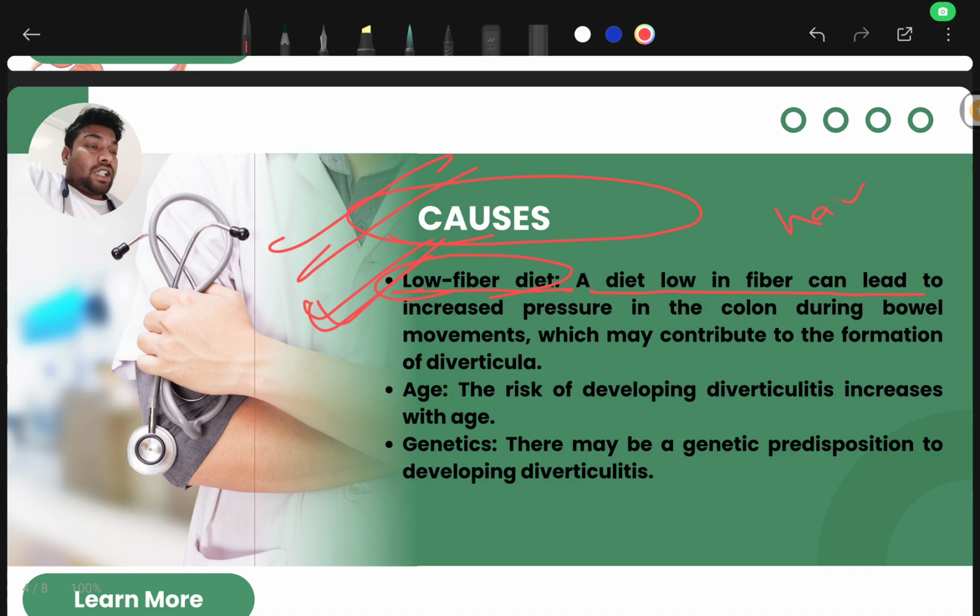Okay, a diet low in fibers can lead to increased pressures in the colon during bowel movements, okay, which may contribute to the formations of diverticula.